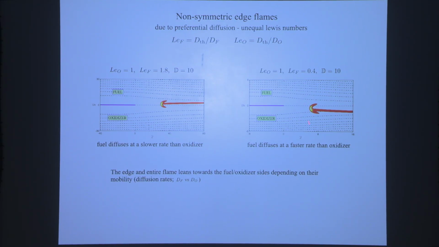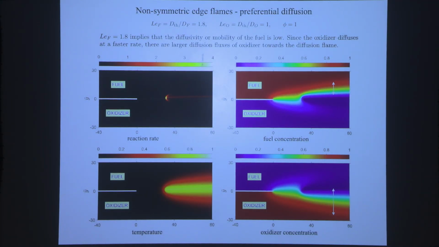Here is the opposite direction, and you see that the edge is more situated in the oxidizer. So simply, it wants to see more oxidizer, and so it leans towards that. And this is a non-symmetric situation due to, as I told you, I use that term, preferential diffusion. In other words, the fuel and oxidizer are different.